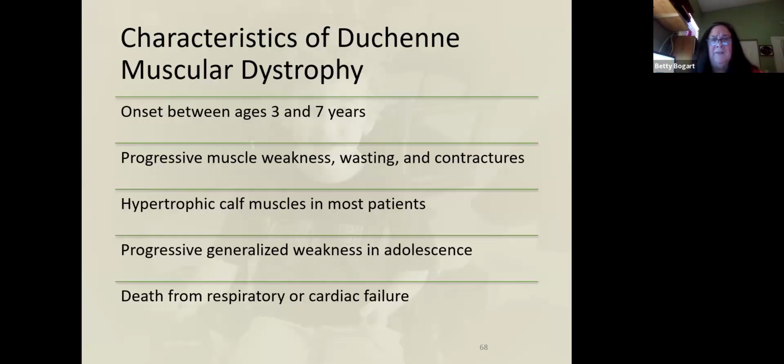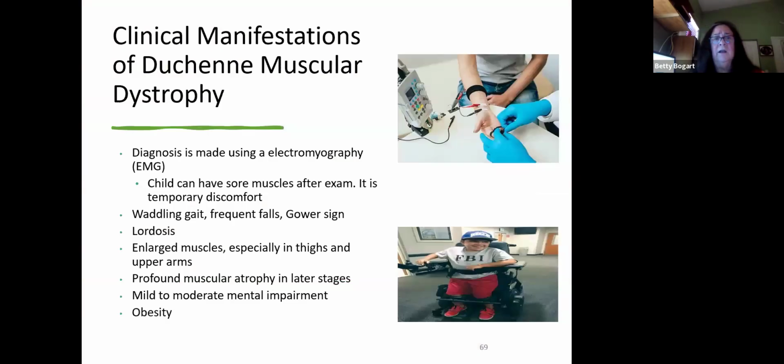Now, what is our care for muscular dystrophy, Duchenne's? Well, it's all about keeping the muscles as strong as we can for these children. So, diagnosing them again. Why are my child's muscles continuously getting less and less? Well, we can measure muscle strength, and it's something called an electromyography, or an EMG.